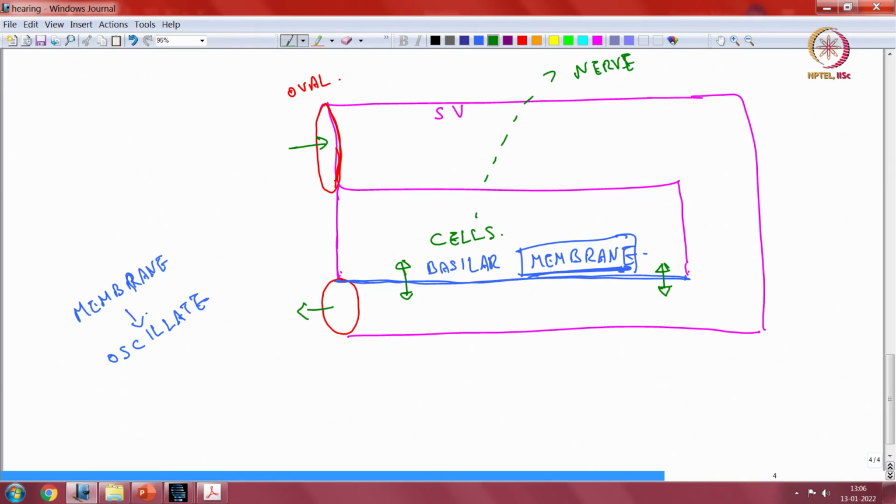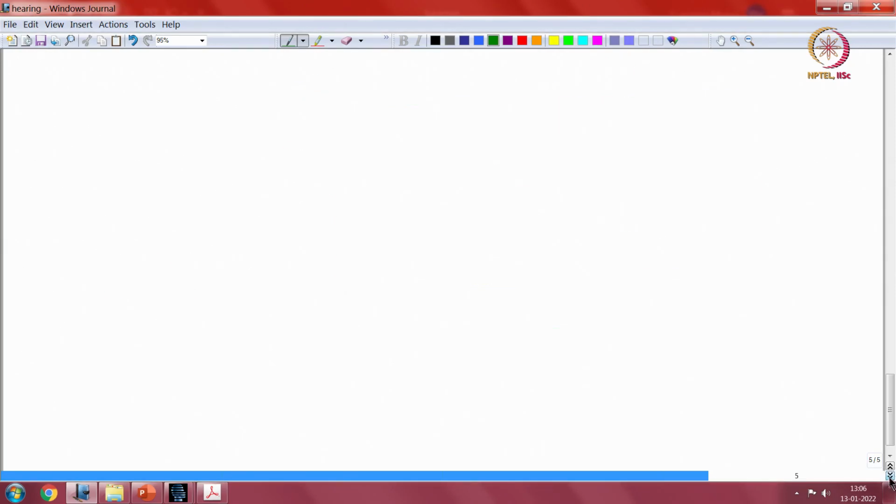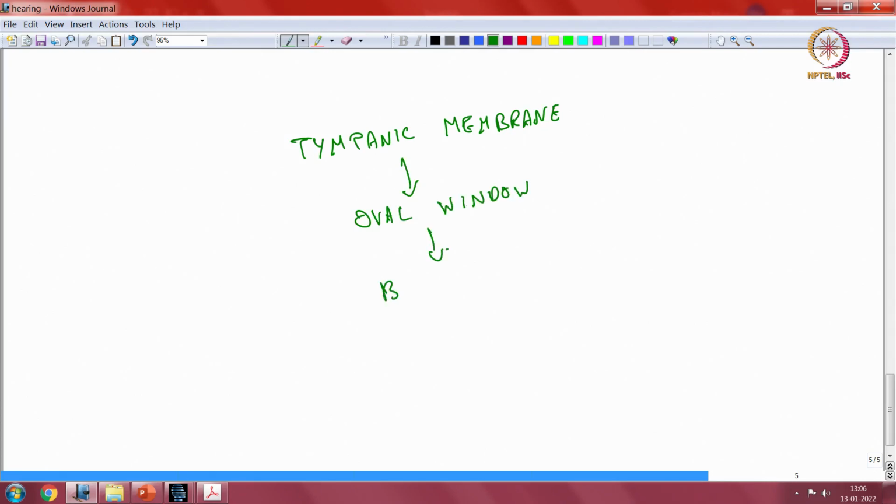So, that is where the nerve signals are coming, and you got electrical signals. So, there are lots of membranes here. Reiterating what I have earlier told, if we look at the mechanism: tympanic membrane to oval window to basilar membrane.